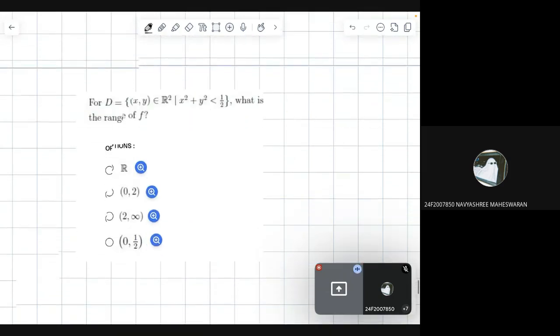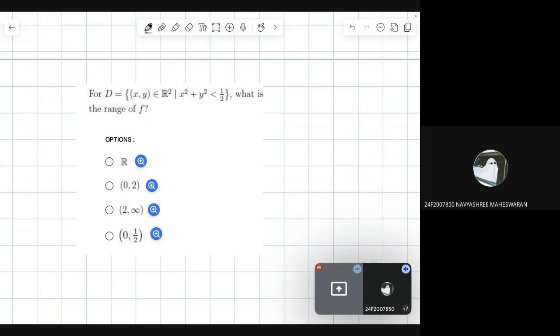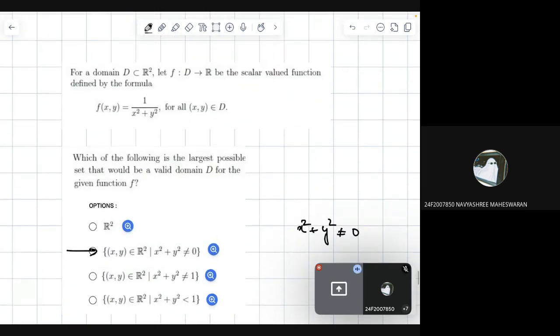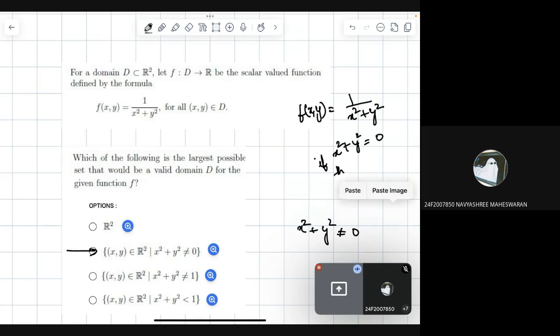The next is, Ma'am, can you repeat it once again? Yeah, sure, of course. The function is f(x,y) is equal to 1 by x square plus y square. Now notice that if the denominator becomes 0, so if x square plus y square becomes 0, then f is not defined.